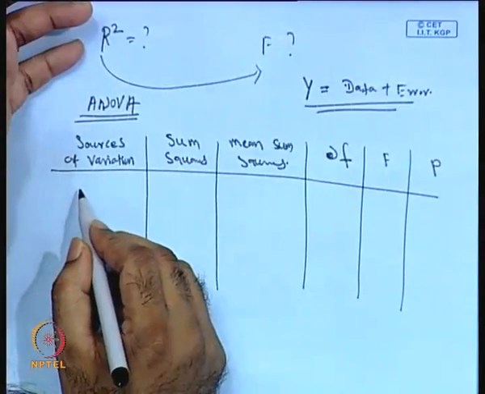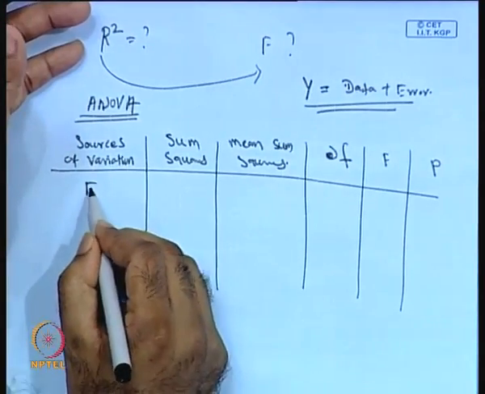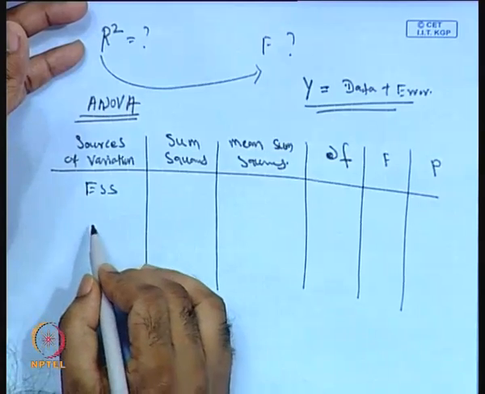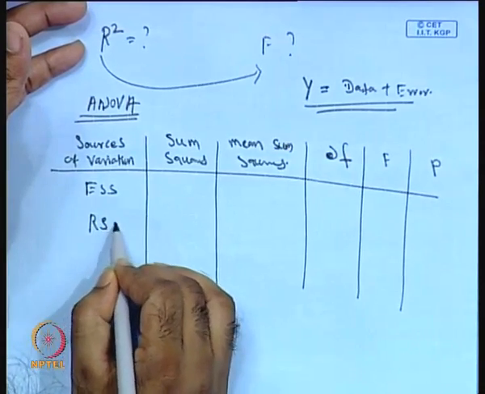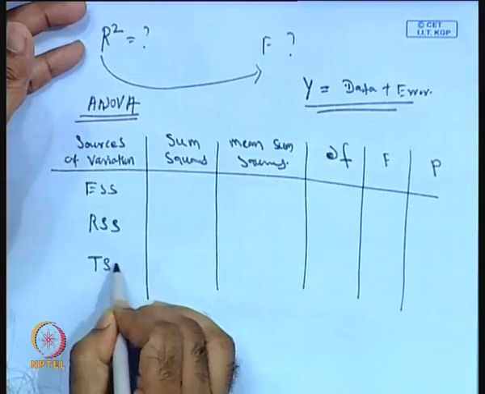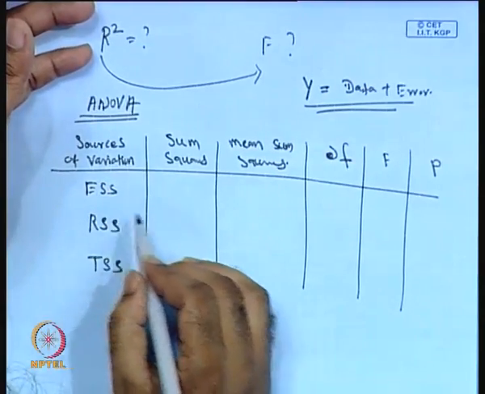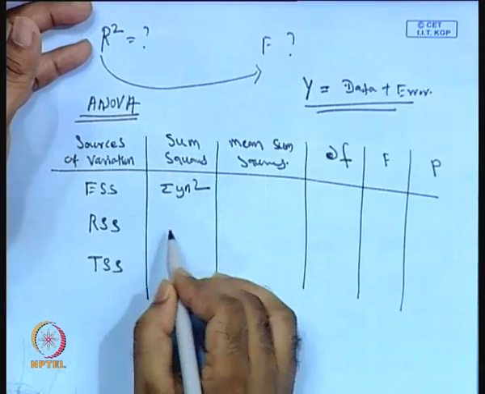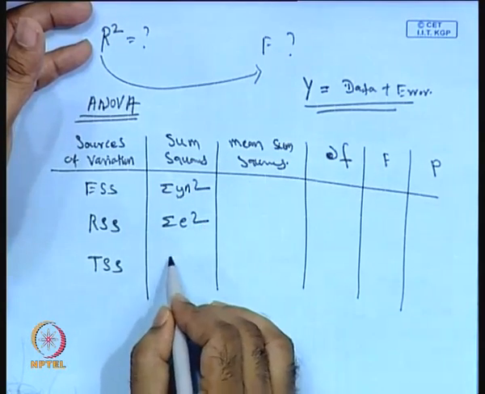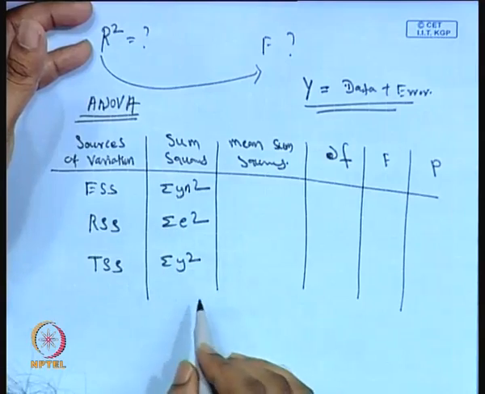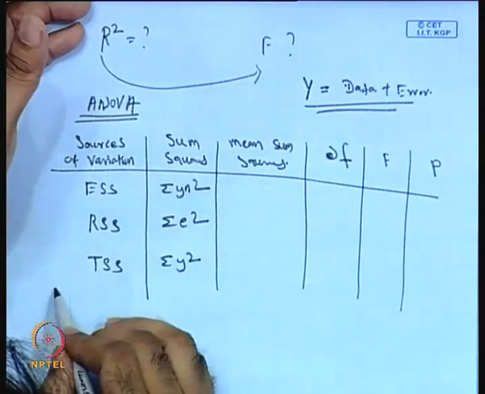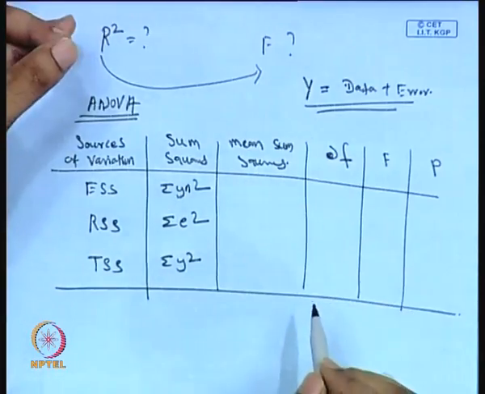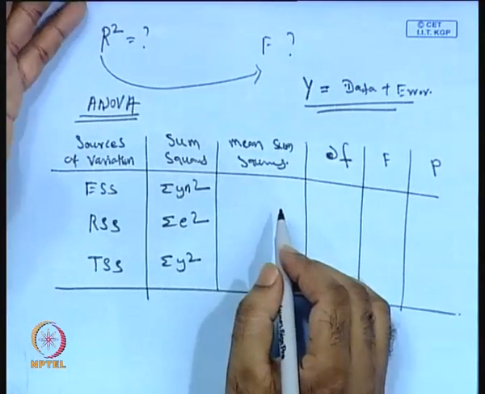Obviously, there are sum squares. First is the explained sum of squares. Then there is a term called residual sum of squares, and a term called total sum of squares. Explained sum of squares is nothing but summation y hat squared, residual is summation e squared, and total is summation y squared. Now, as far as mean sum of squares is concerned, it is with respect to degrees of freedom.